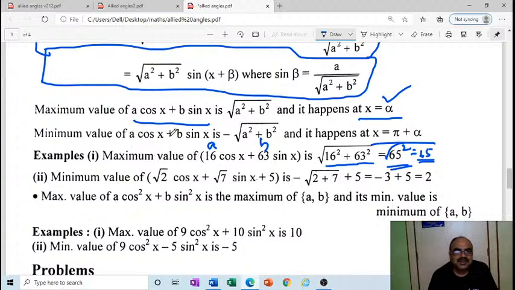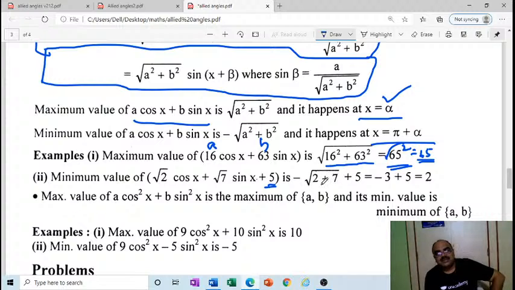The minimum value of a cos x plus b sin x is minus root of a square plus b square. See here there is one more additional value, plus 5. Minus root of 2 plus 7, plus 5. 2 plus 7 is 9.